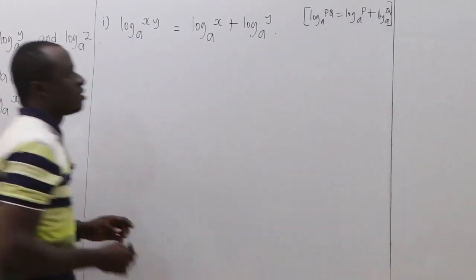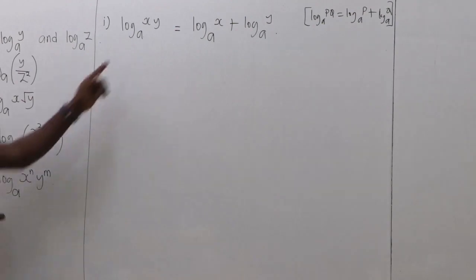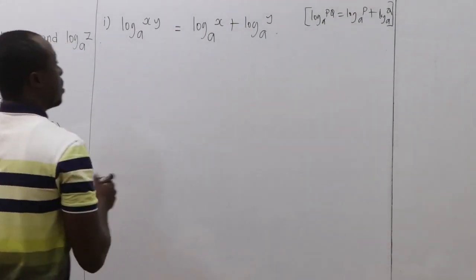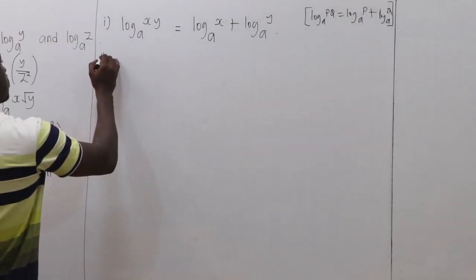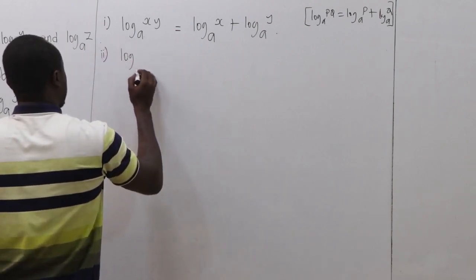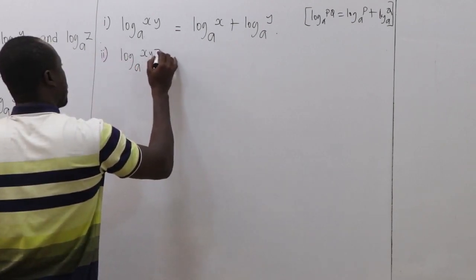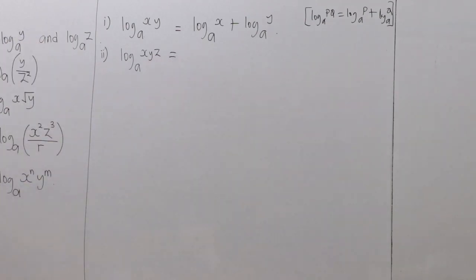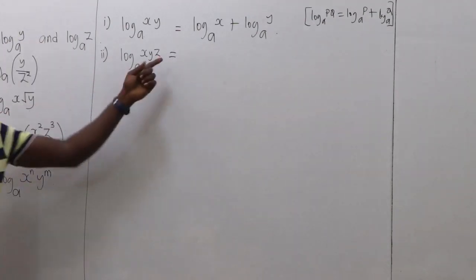So when you're adding, what do you do? We multiply. So when you multiply here, that's just adding. Now the second one, we have log e of xyz. Clearly, this is what we are multiplying.